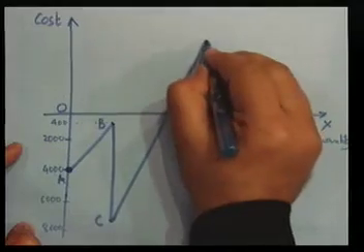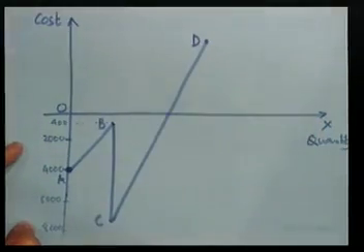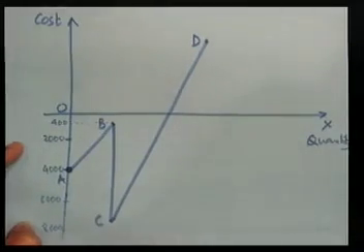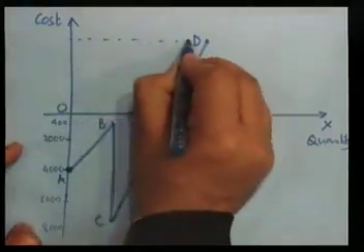Can you tell me the coordinate for point D? It would be 12,000 minus 7,400. So, how much is it coming? 4,600. So, it will be somewhere at 4,600.